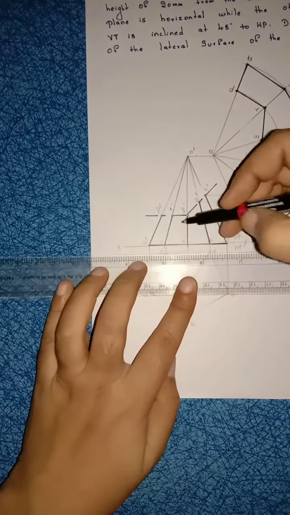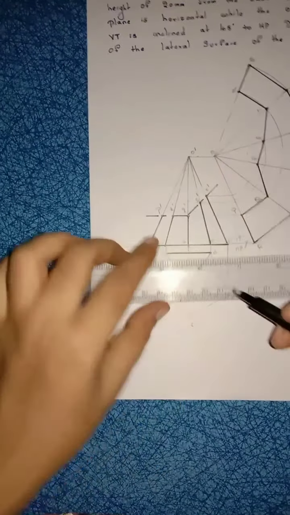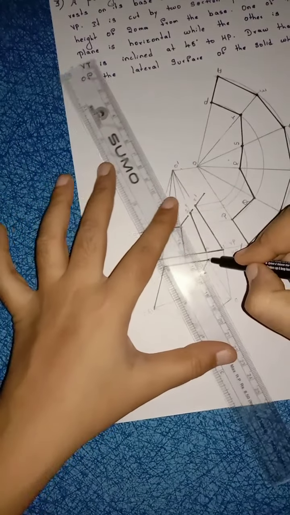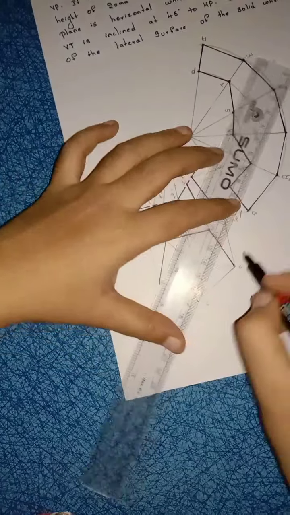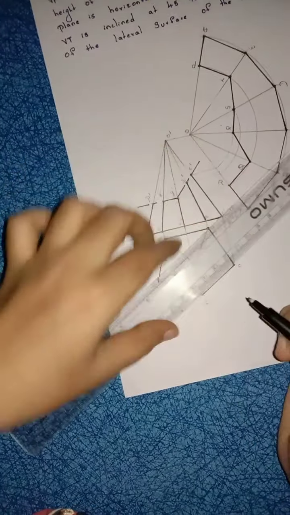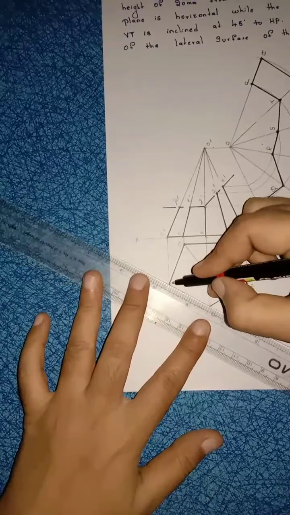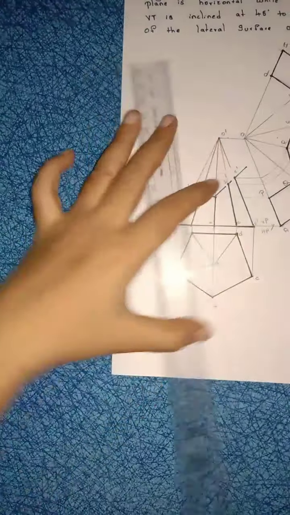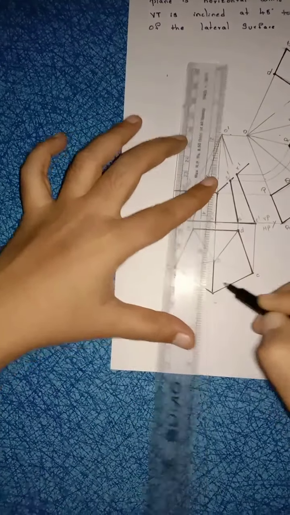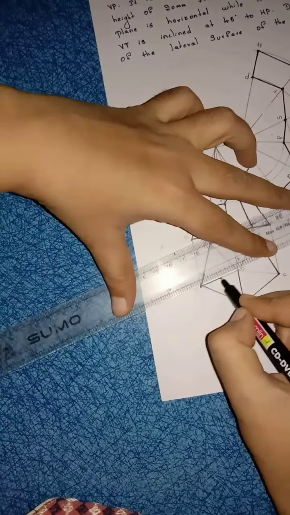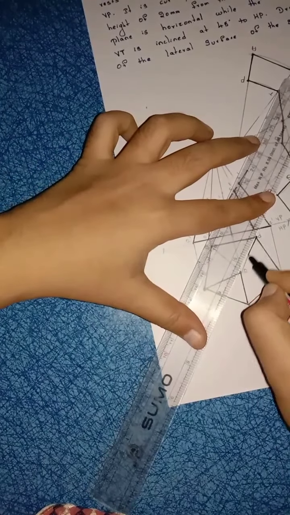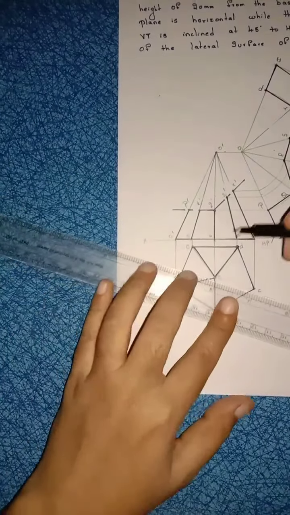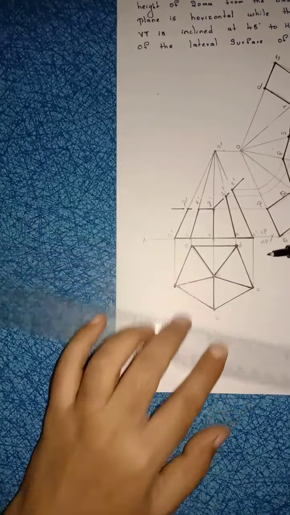Right, and next here point E to D, AB, CD, E. This pentagon should also be in dark manner. And this midpoint, OA, OB, OC, OD, OE. This is the development of the pentagon.